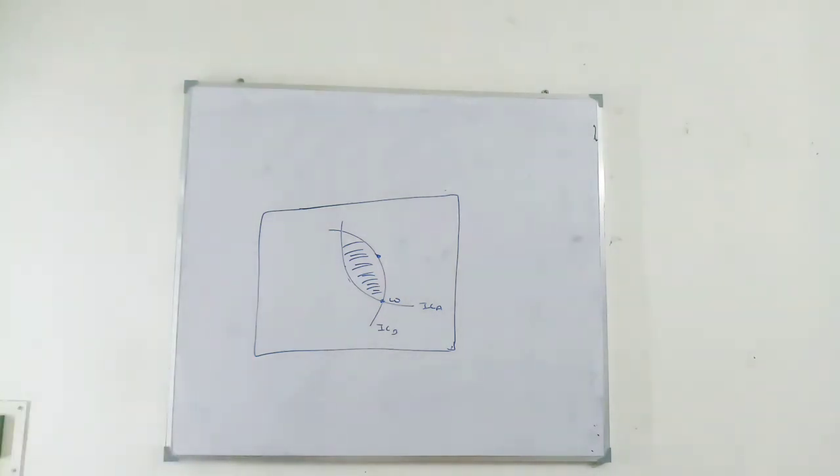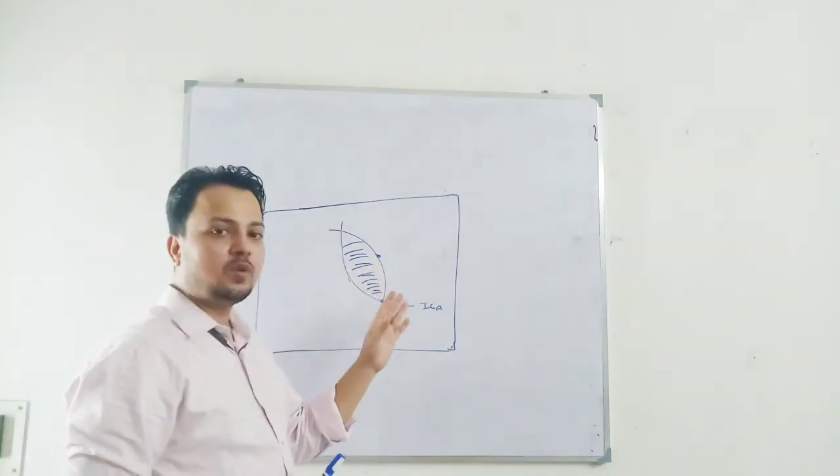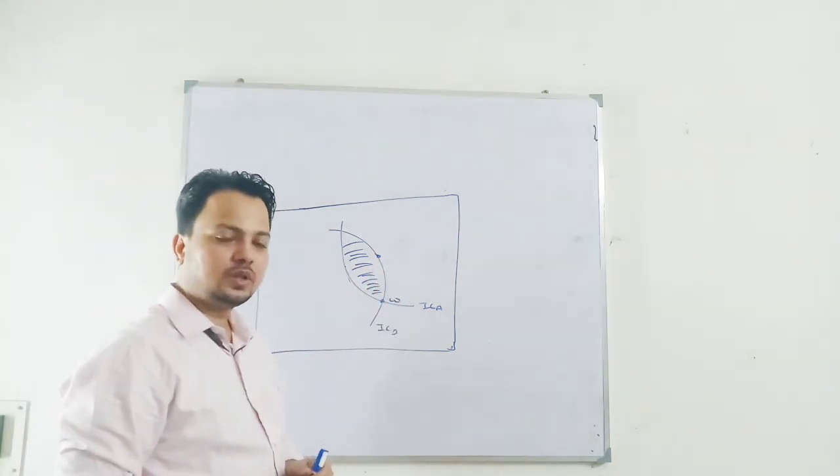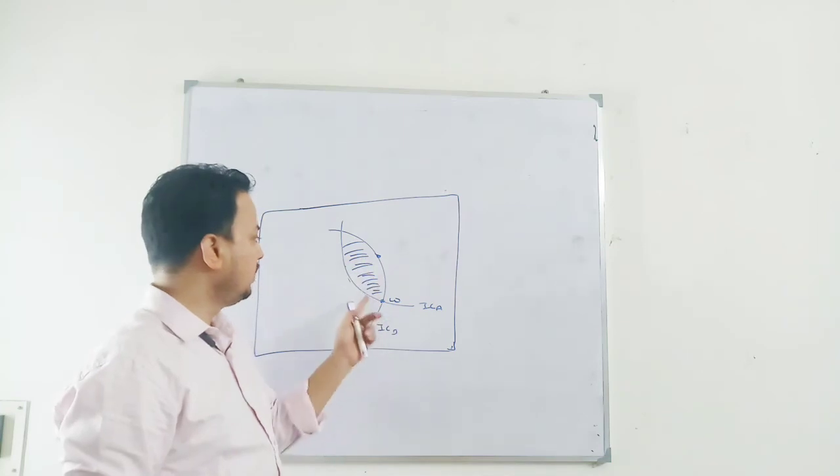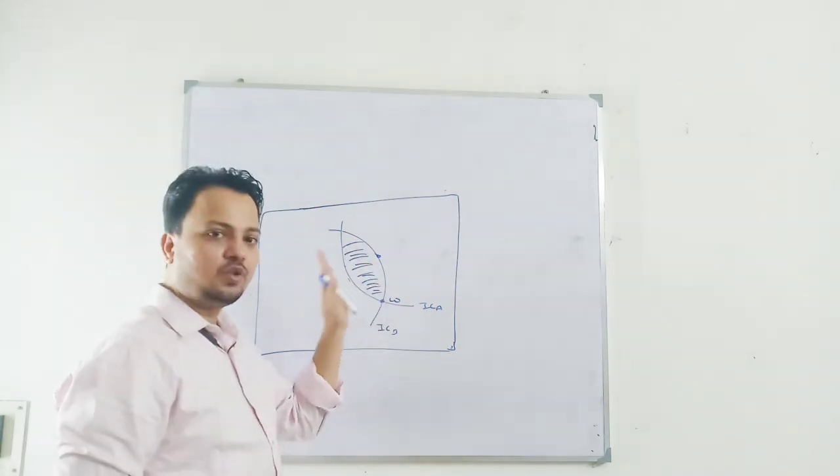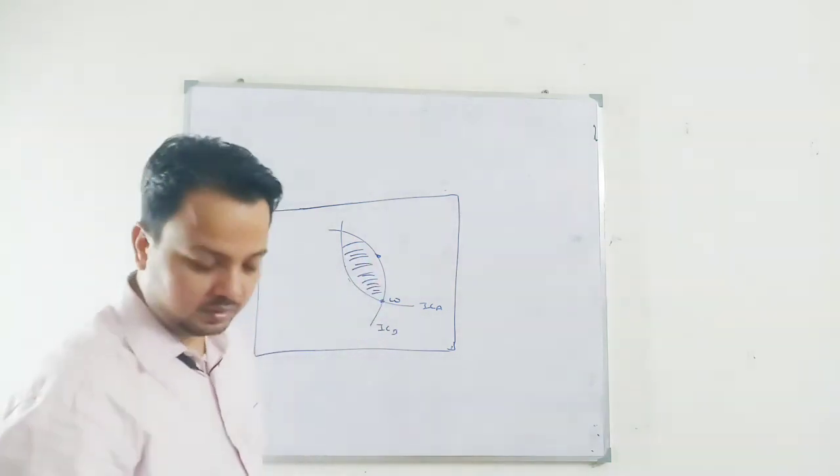So when you have a curve like this, that means Pareto improvement is possible. It is possible to make at least one person better off without making another worse off. Or you can say in this lens, it is possible to make both better off.